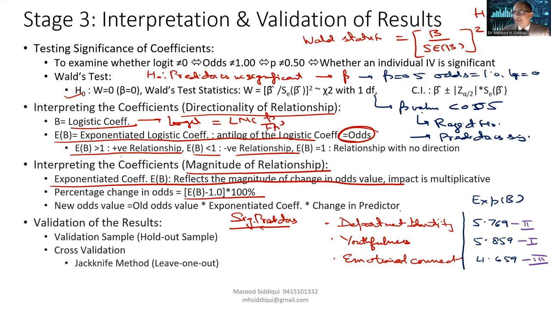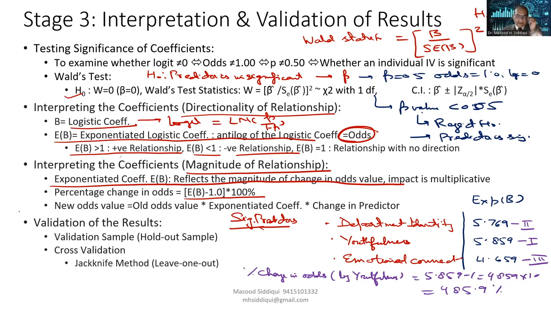But now if we make the interpretation as we have mentioned here, right? So percentage change in odds by youthfulness is 5.859 minus 1, that is 4.859 into 100%, means 485.9%.